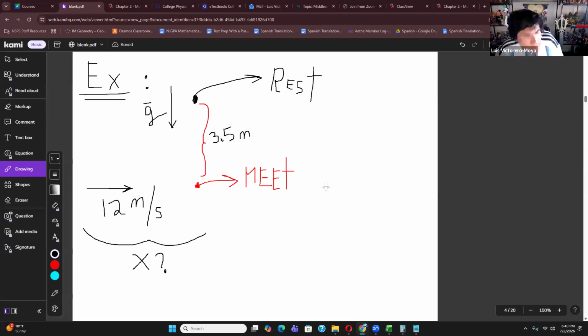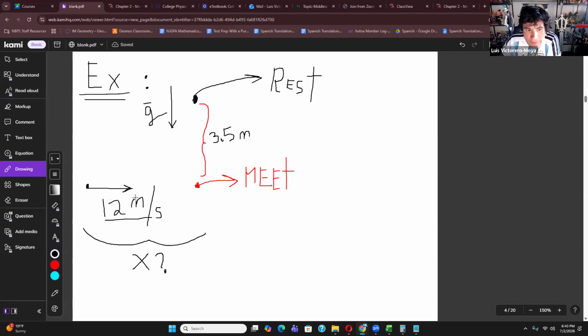The other example is this. Maybe some of you have seen it already. That's from the book. You have an object that is at rest 3.5 meters from the ground, and you have another object moving at 12 meters per second, constant, from left to right.